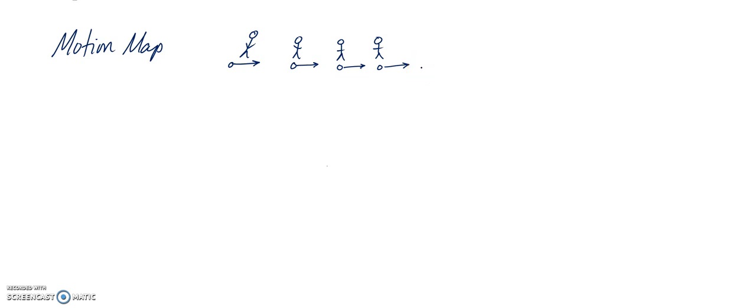Now this would be at time 0. This would be at time of 1 second, this would be at time of 2 seconds, and this is time of 3 seconds. So in a motion map, each dot is a specific time.